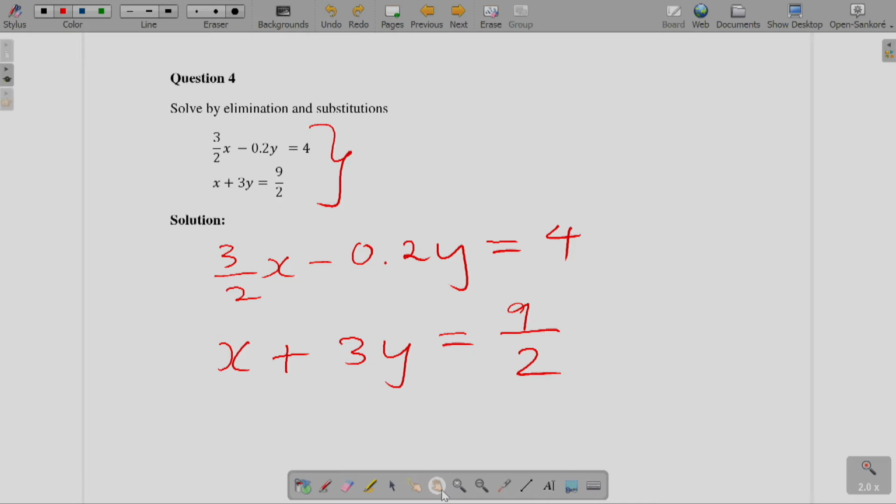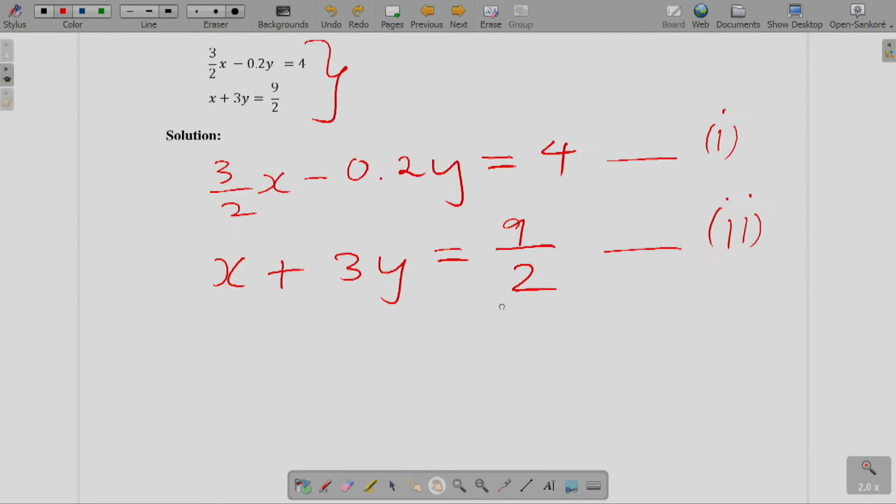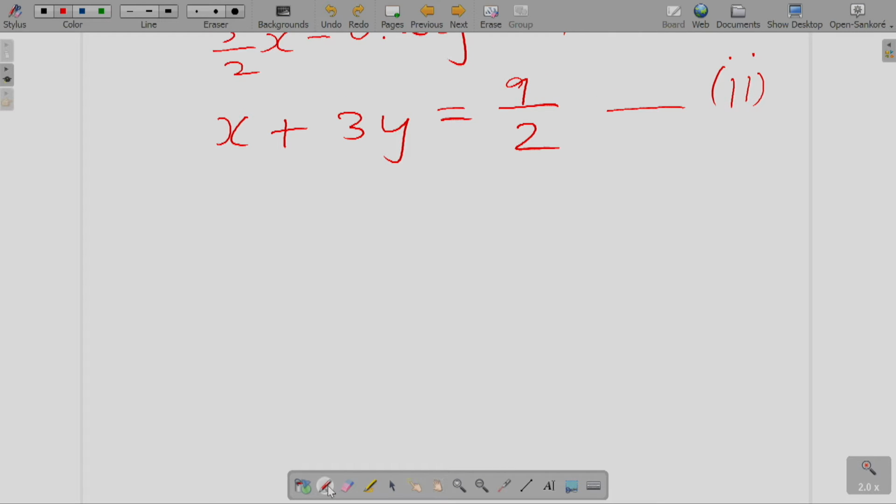Now the second step to follow is to name these two equations. Let's name this equation as equation number 1, and this one is equation number 2. So now let's take equation number 2, which is x plus 3y equal to 9 over 2.